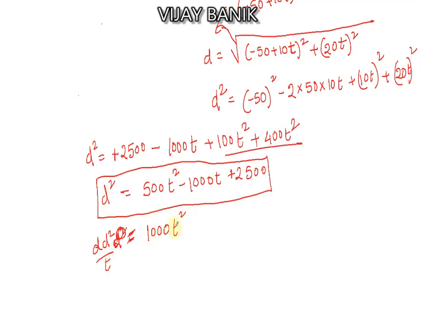It gives 1000t minus 1000. Now we set it equal to 0, because whenever it's a minimum, dy by dx equals 0. So 1000t minus 1000 is equal to 0. Cancel, and t is going to be 1. That means at 1 hour.